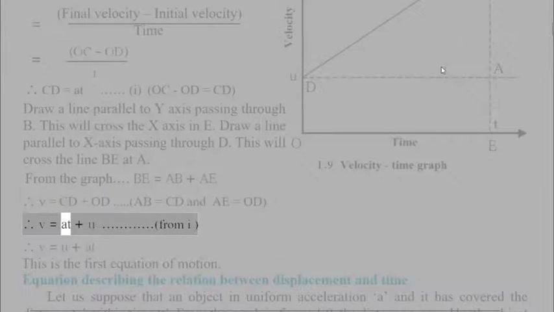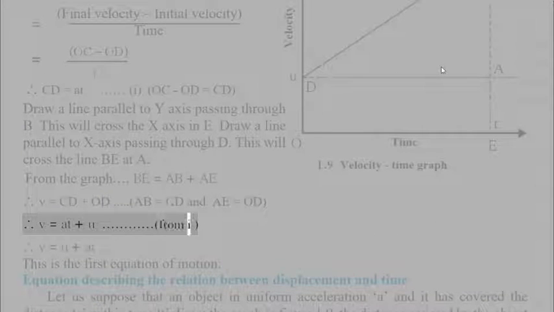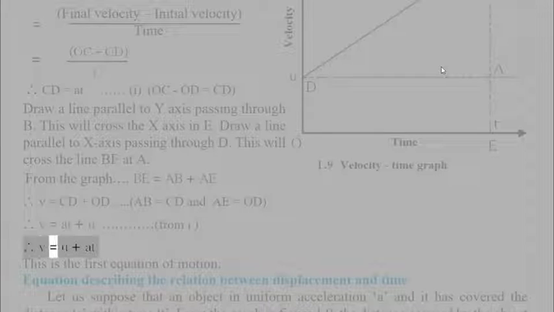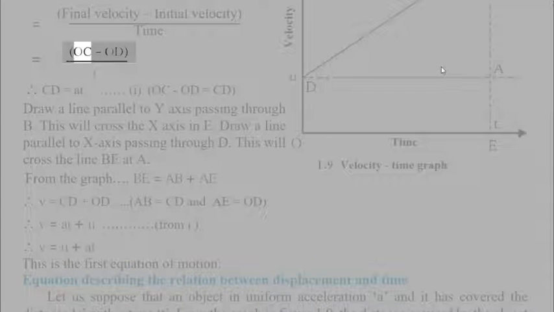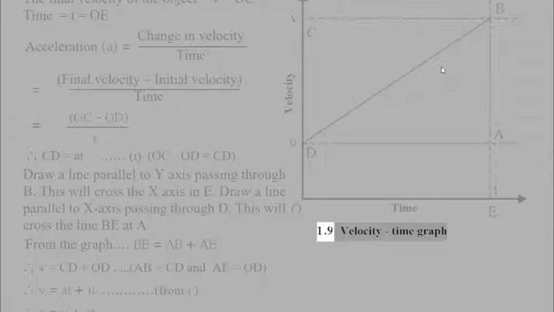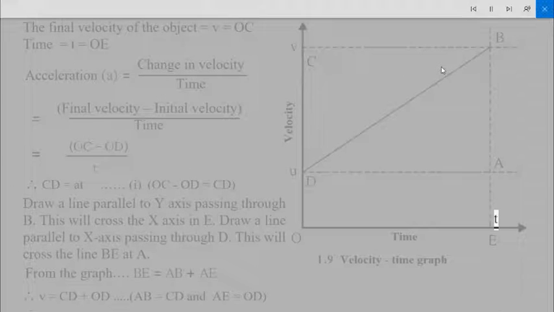So v equals at plus u, that is, v equals u plus at. This is the first equation of motion.